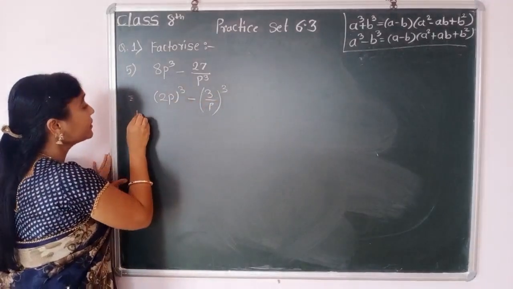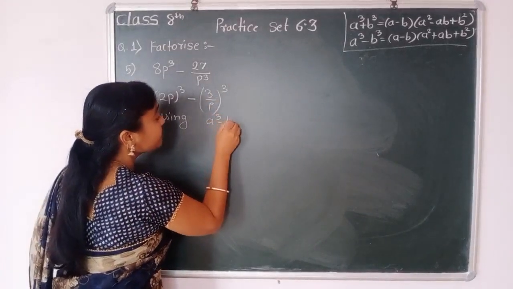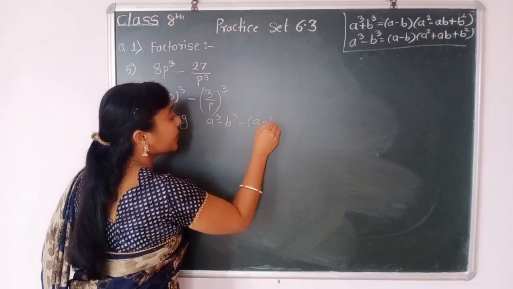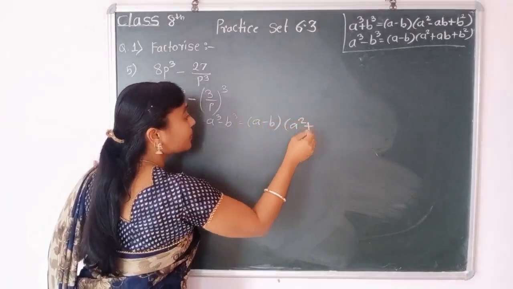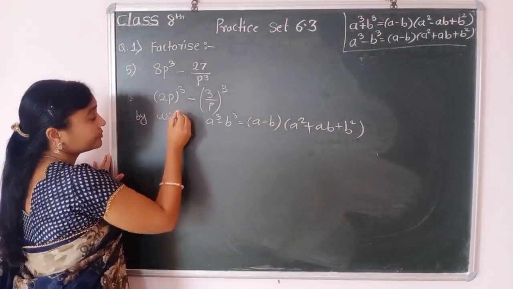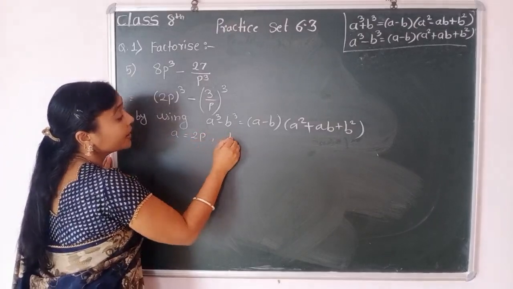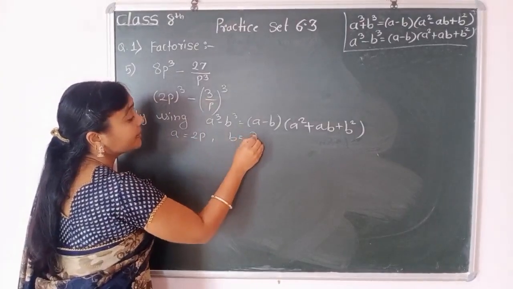Then by using a cube minus b cube equals (a minus b)(a square plus ab plus b square), compare to this and observe the value of a is twice p, and the value of b is 3 by p.